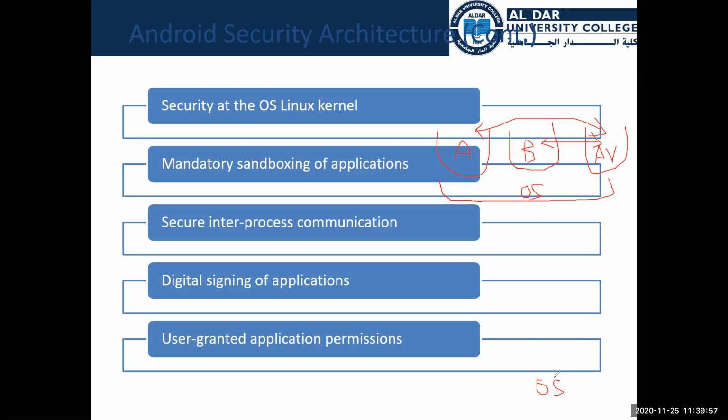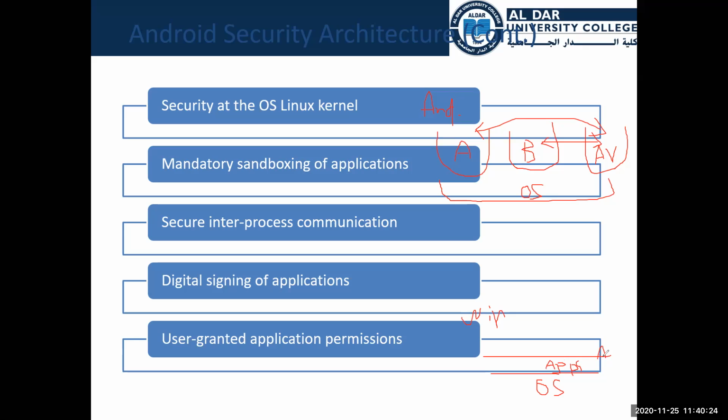But here, this is Android, and this is Windows. In Windows, it is different. The operating system is the lowest layer, and then the applications are on the second layer. This is the apps. And then we install antivirus here.